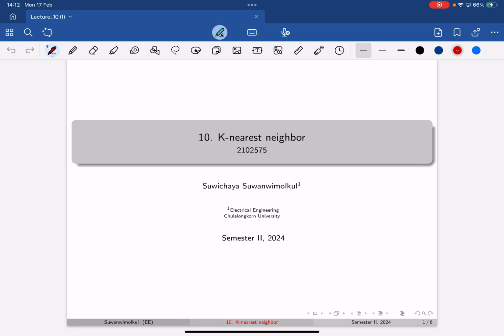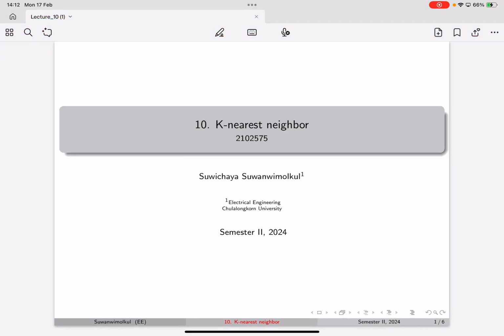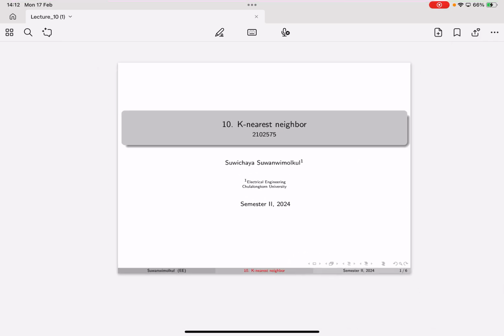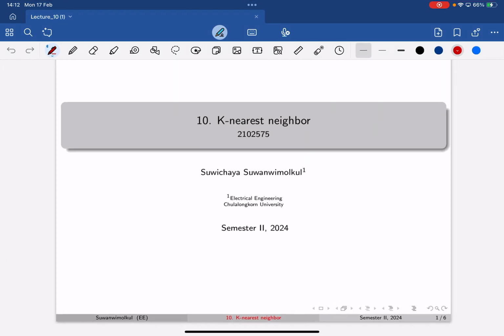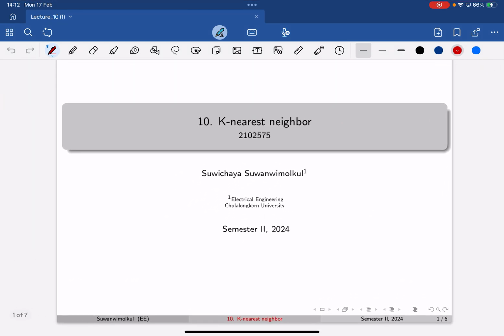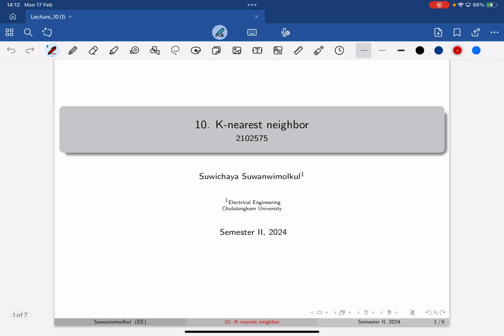Alright, maybe this is the best we can do for the time being. Maybe I have to try a different mode. Let me check if that helps. Not helping. Okay, same mode is fine, but it looks like I have to scroll over. So if you cannot see, please let me know.